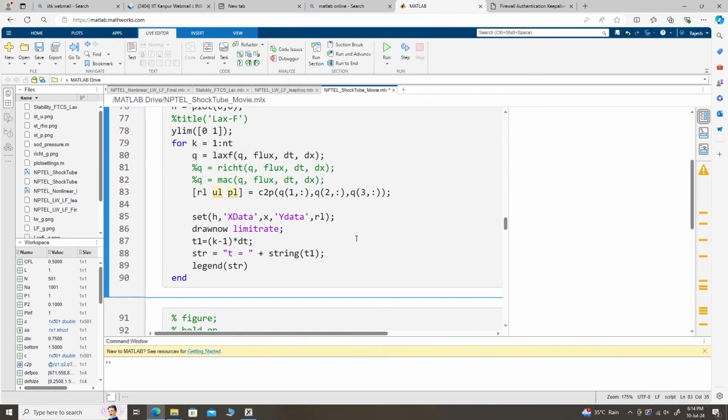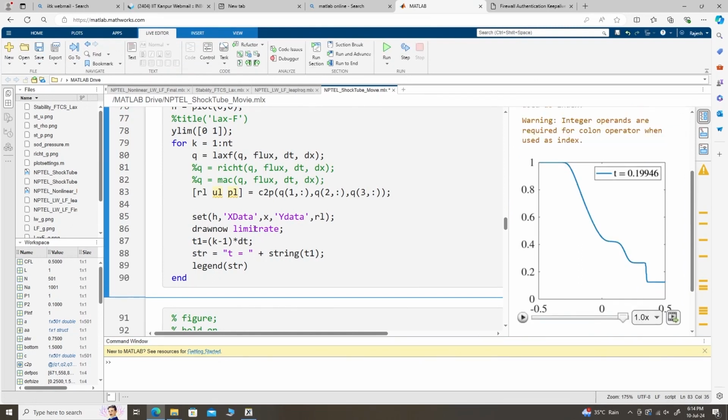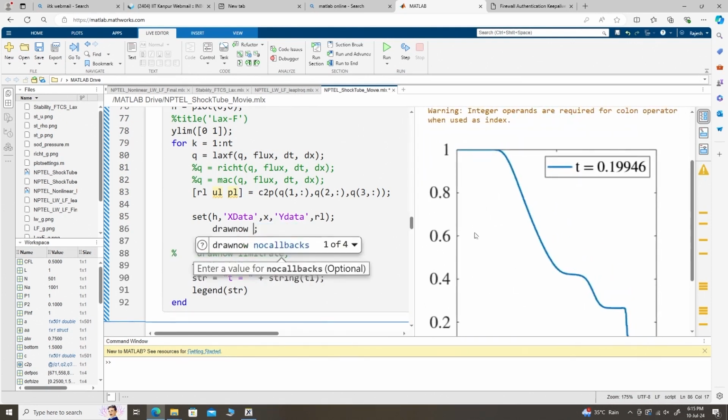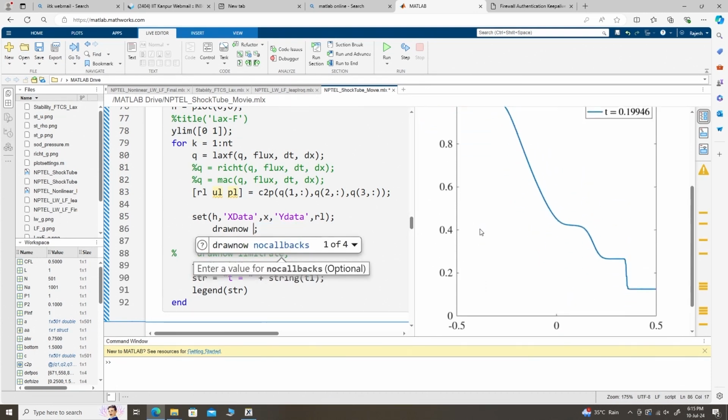I have not limited the limit rate. Let us see this.